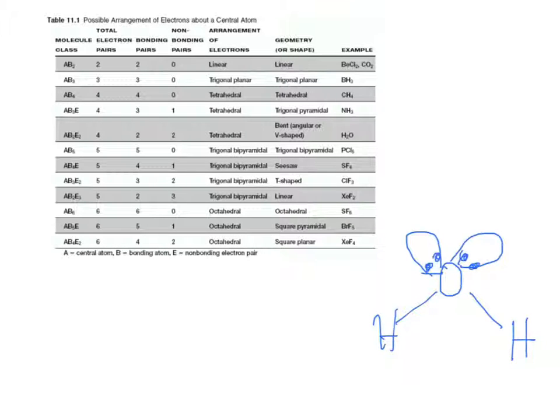Okay, so I've drawn everything up down here, and I'm going to show you why this is bent. So we said it has a tetrahedral arrangement, which makes sense because there's four things coming off the oxygen. But now we know that the lone pairs are going to be more repulsive of each other than they are against a bonded pair of electrons.